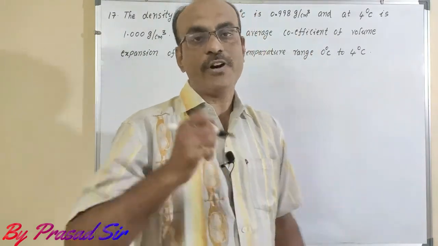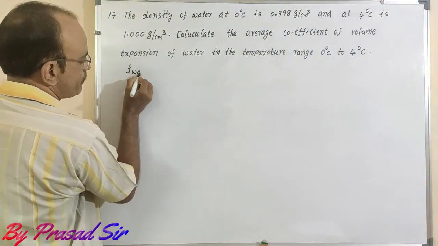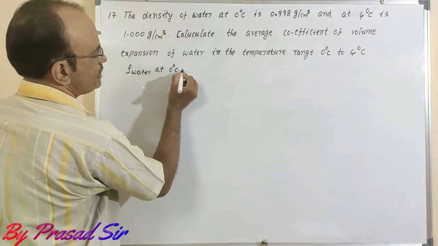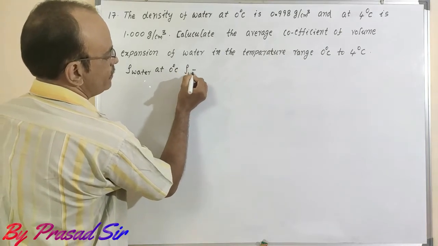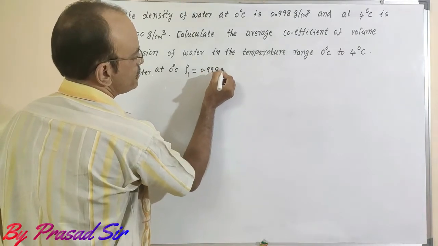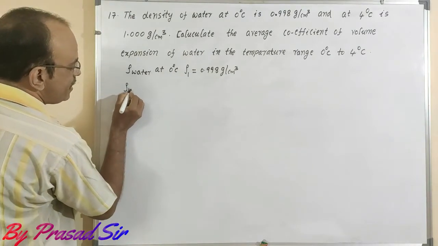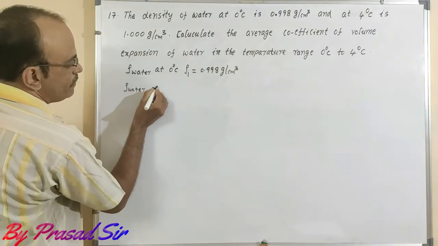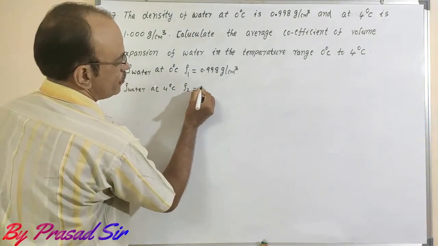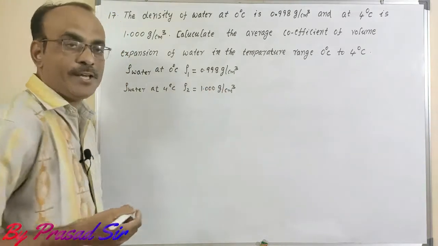To answer this question, what are the given values? First of all, the density of water at 0 degrees centigrade, taken as rho 1, is equal to 0.998 gram per centimeter cube, and the density of water at 4 degrees centigrade, rho 2, is equal to 1.000 gram per centimeter cube.